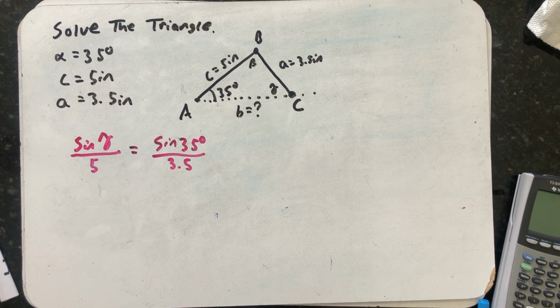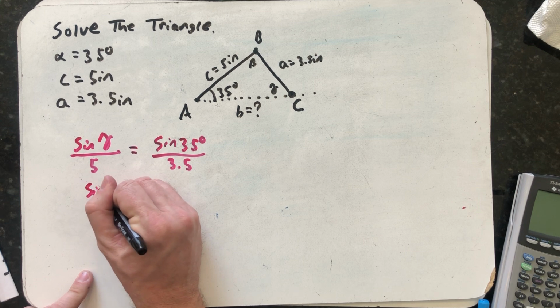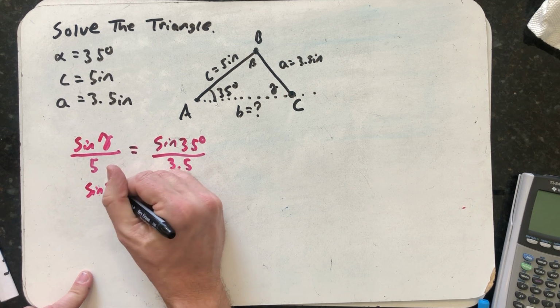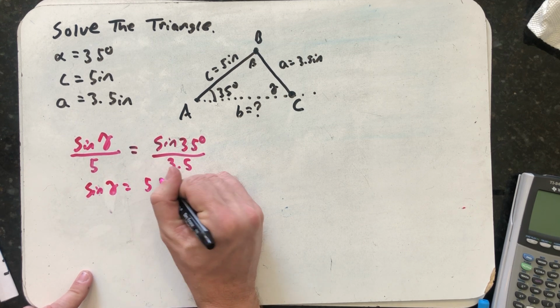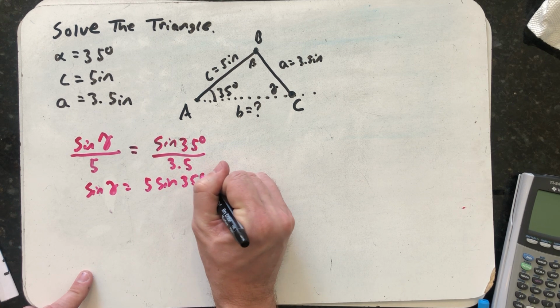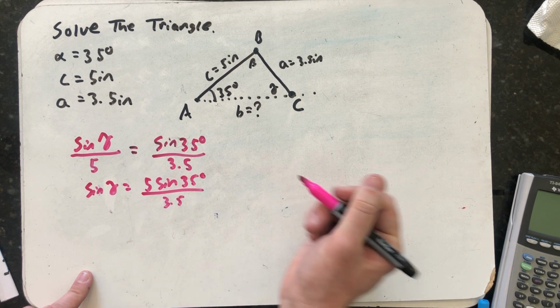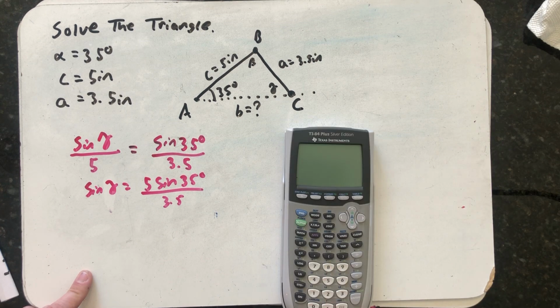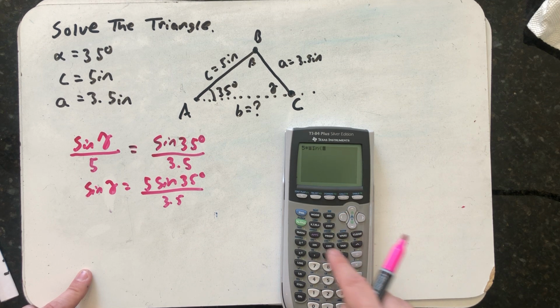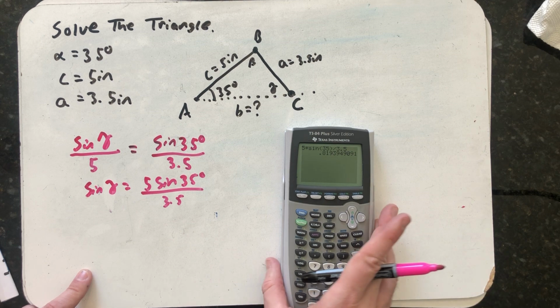And so very quickly, I could write that the sine of gamma is equal to 5 times the sine of 35 degrees over 3.5. I could grab my calculator and I could think to myself, well, 5 times the sine of 35 over 3.5 is about that number.